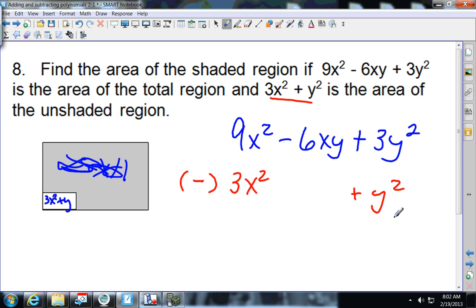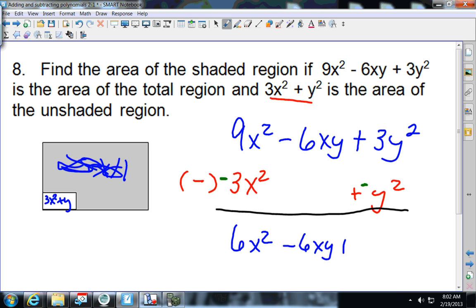I'm going to line mine up this way. Well, I know that I've got to subtract off this one and subtract off this one. So I have 9 minus 3, which is 6x squared. There was no other xy, so it still becomes minus 6xy. Then right here I have 3 minus 1, which is plus 2y squared. This is what you should have gotten for the area of the shaded region.